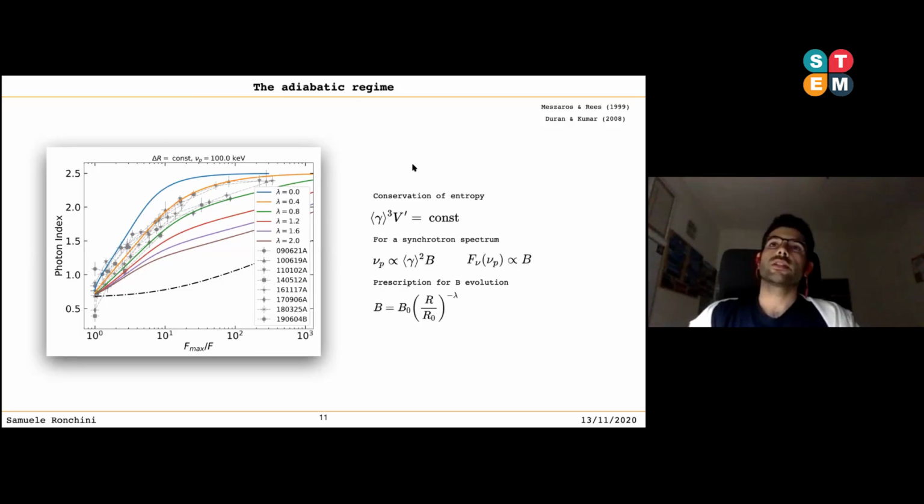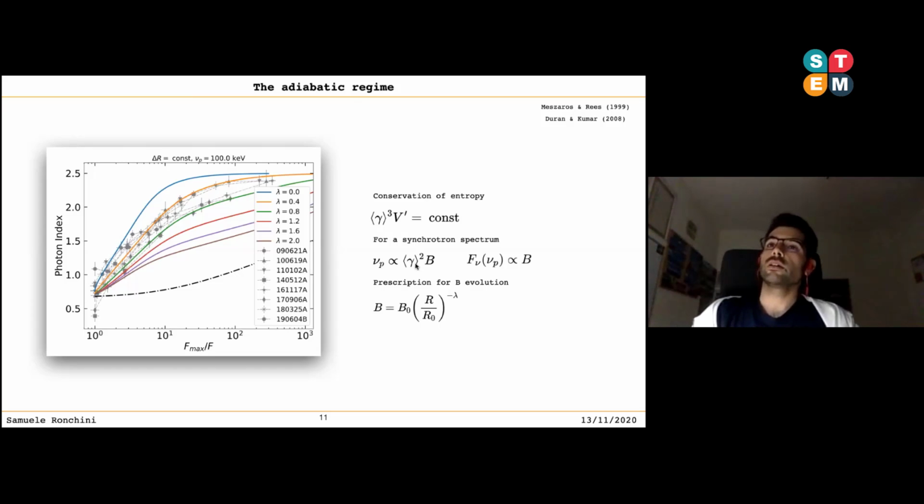So what is the assumption in this case? The assumption is that since we are in an adiabatic regime, there is a conservation of entropy. So you see that if the volume of the outflow is increasing, there is a decrease of the average energy of the particles. And if we also assume that the spectrum is dominated by synchrotron emission, the peak frequency goes down due to the drop of the average energy of particles.